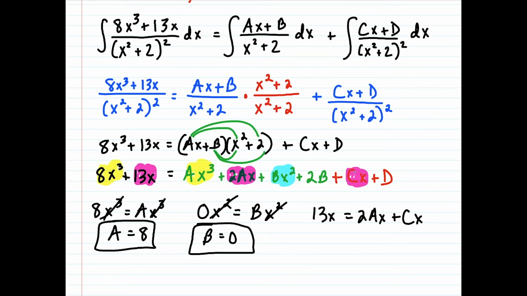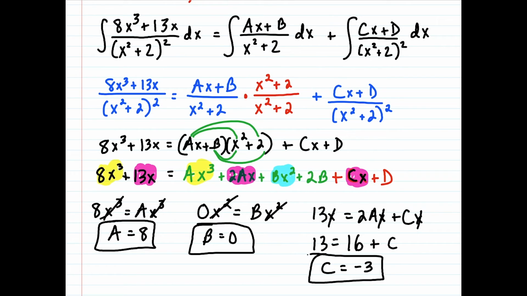Sorry, that wasn't maybe the best thing to highlight with. This was a cx here, but that pink highlighter kind of erased it. And if we get rid of all the x terms here, because they all match, we could just get rid of them. And we make a substitution for a is equal to 8. Now we have the equation 13 equals 2 times 8 is 16 plus c. And this tells us that c is equal to -3.